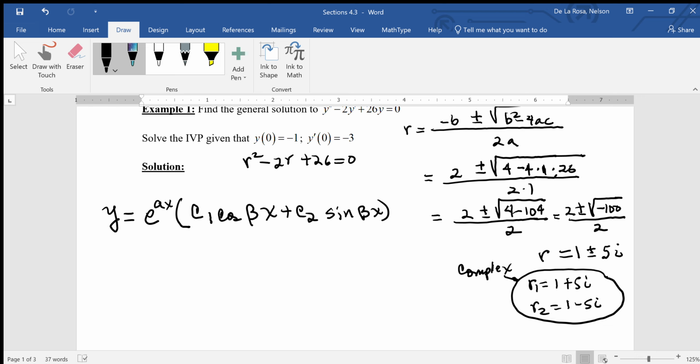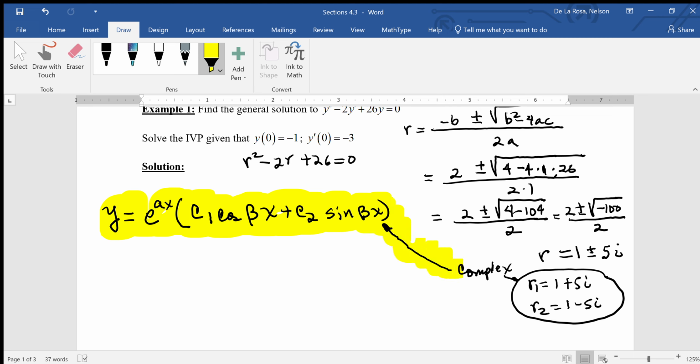In our case the roots of the auxiliary equation are complex, so the solution has this shape.